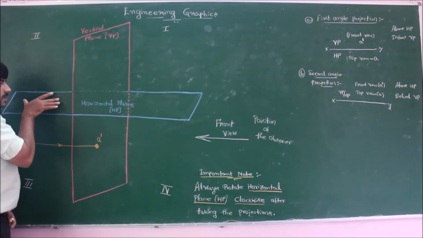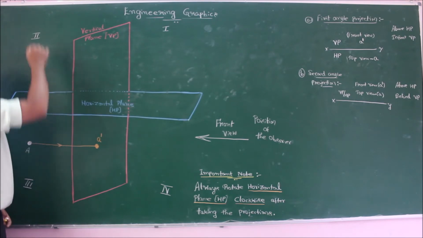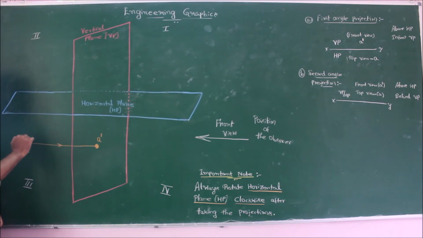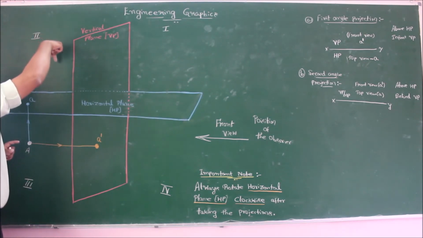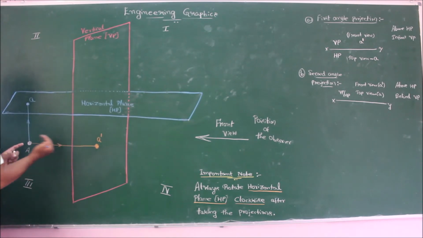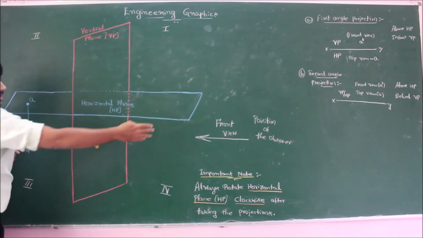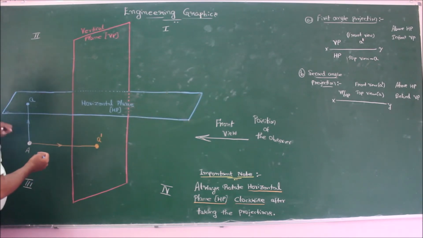Making that assumption, this horizontal plane is transparent, the observer will view the object and take back the projection onto the horizontal plane. So this will give us the top view, which is denoted by A. Now if you clearly observe, in the top view you can see the distance of the point behind the vertical plane, and in the front view you can see the distance of the point below the horizontal plane.